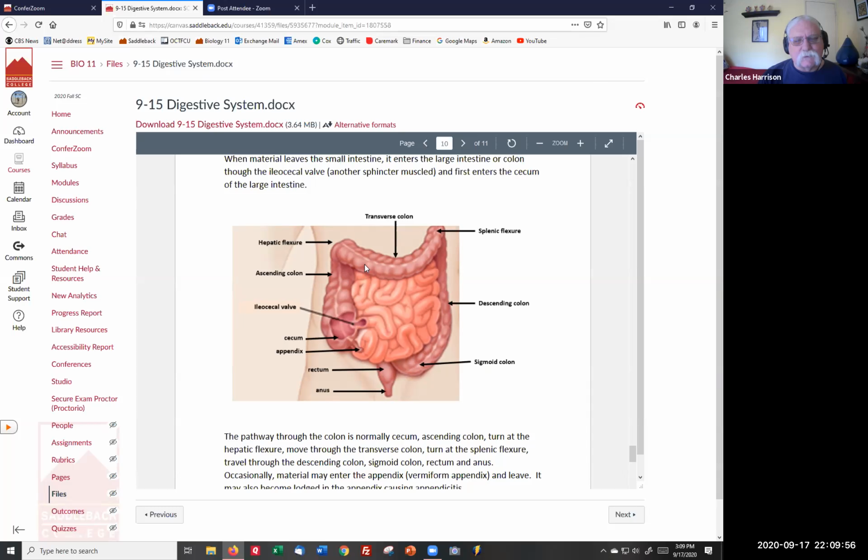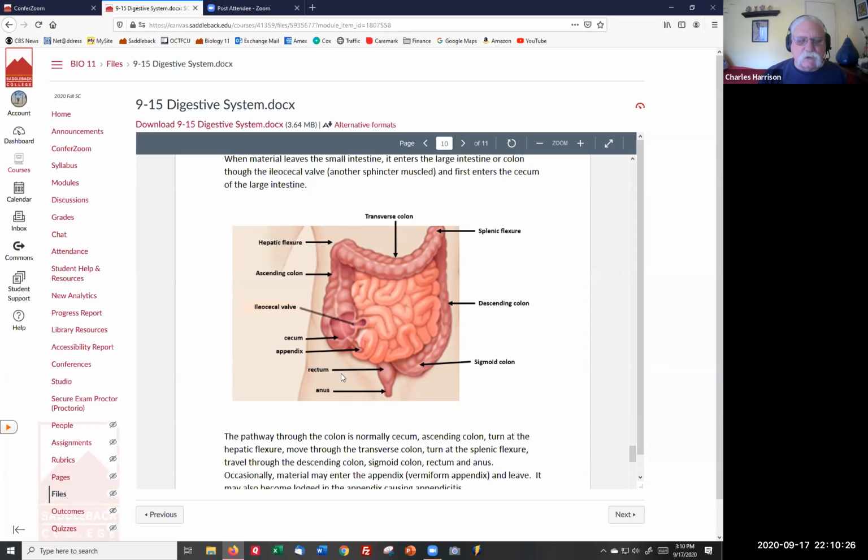And then the material inside goes across your body through the transverse colon and turns downward at the splenic flexure because the spleen is over there. Downward to the descending colon. And when it starts inward, skirting the pelvic girdle, it's called the sigmoid colon. And finally, it will pass through the rectum and the anus.